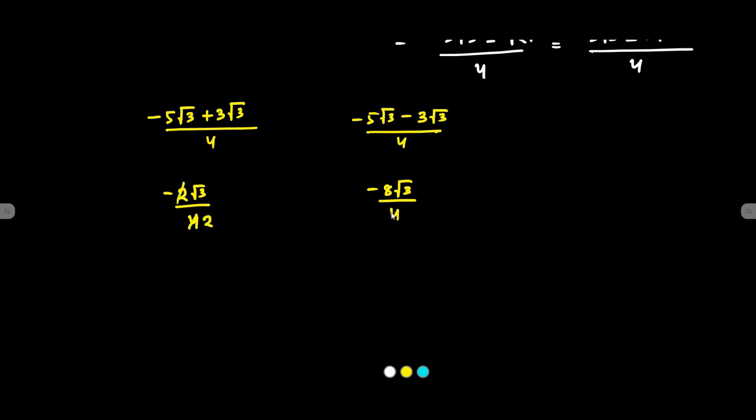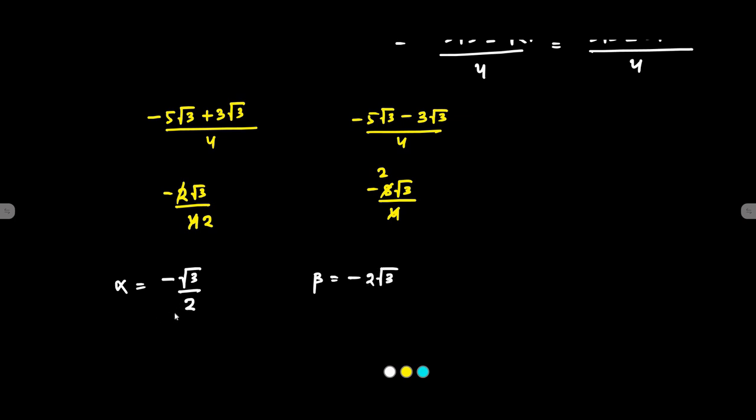It's 2 and here it is 2. So the two roots, first one is minus root 3 by 2, let's call it alpha, and the second root is equal to minus 2 root 3.